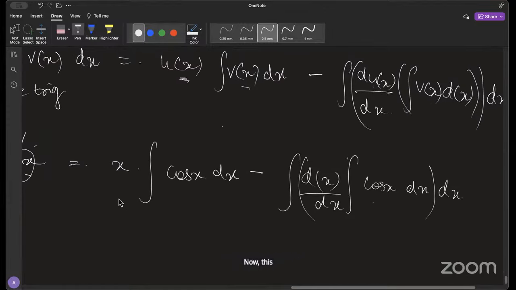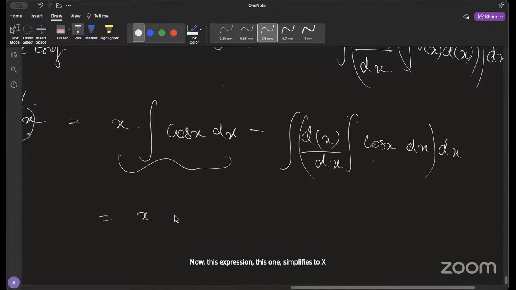Now this expression simplifies to x, and the integral is sin x, right?